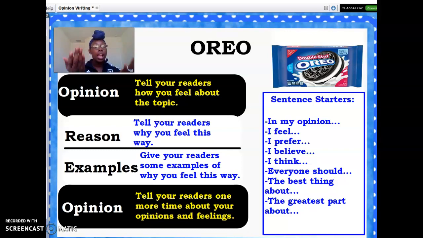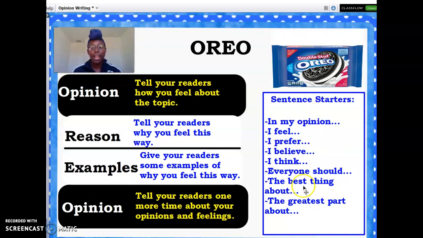O is for opinion. R is for reason. E is for examples. O is for opinion. And that's how we get our Oreo. And I say it's double stuffed because you have reasons and examples to make it more juicy.